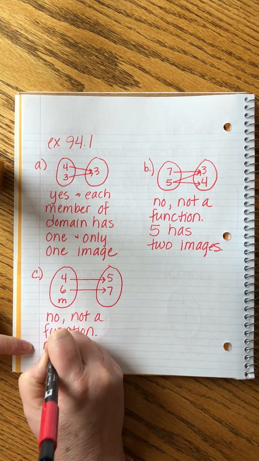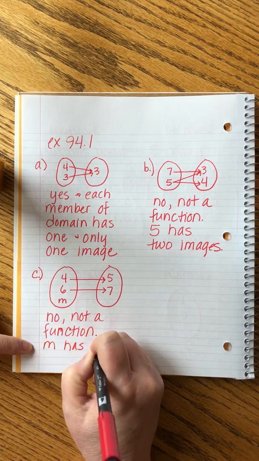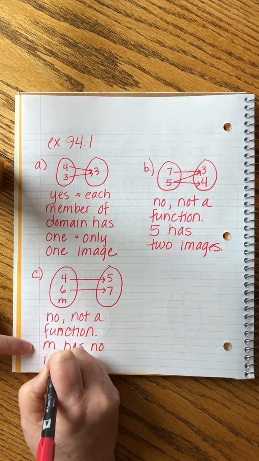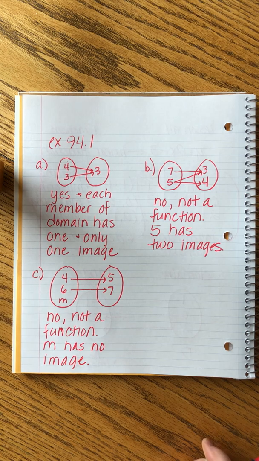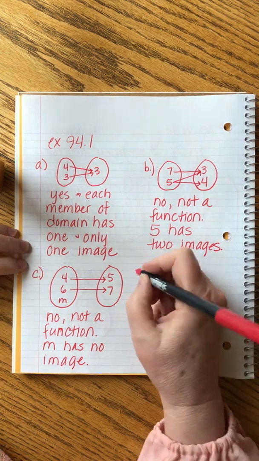Because M has no image. Poor little baby. A little independent variable with no image, no pairing, no mirroring, no one-to-one mapping. It's so sad, isn't it?